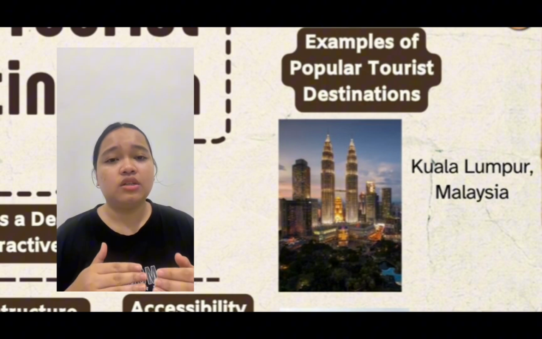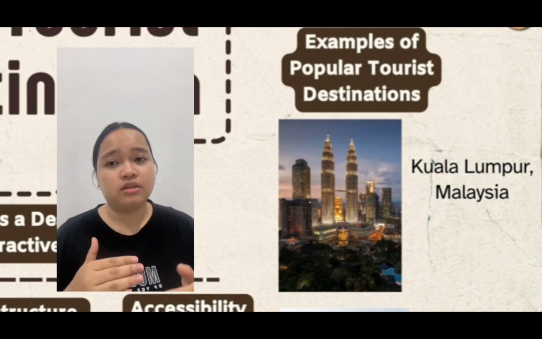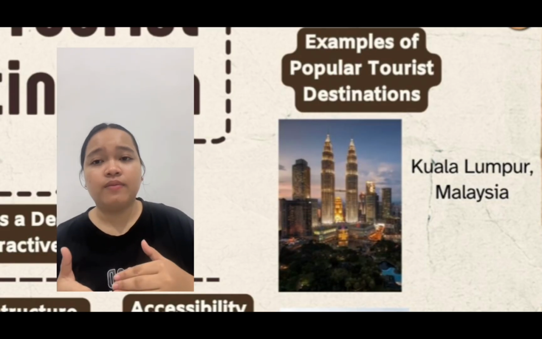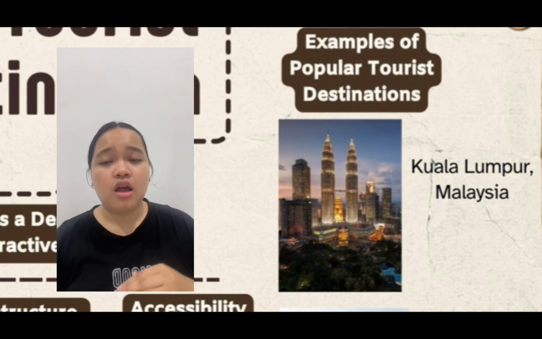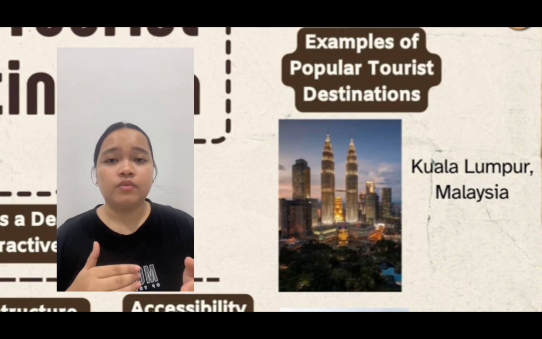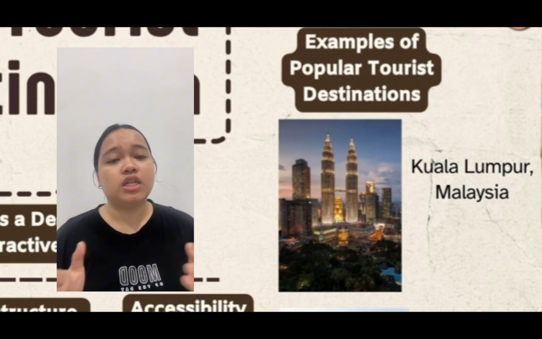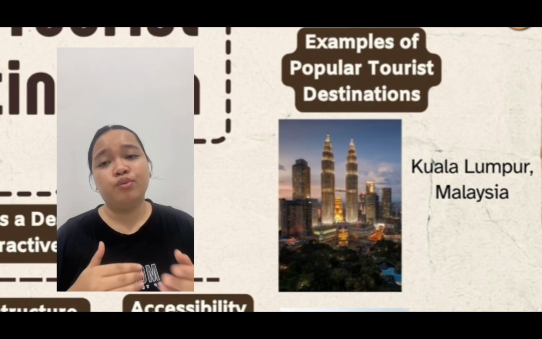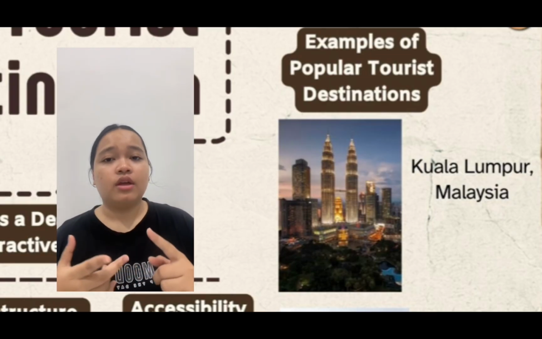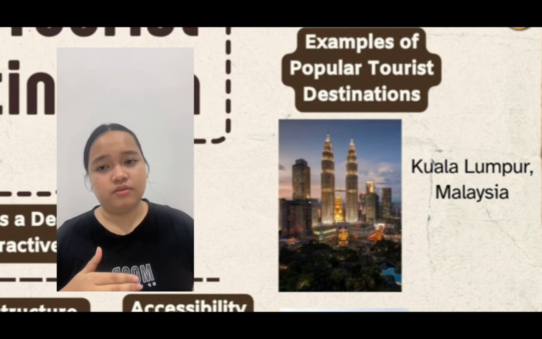Other attractions include the Batu Caves, a Hindu temple complex set within a cave, and various shopping districts such as Bukit Bintang and Suria KLCC, which attract both local and international visitors. Kuala Lumpur's mix of culture, architecture, and entertainment makes it a must-visit destination.